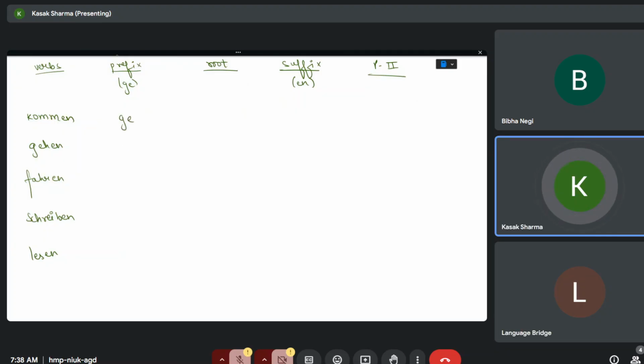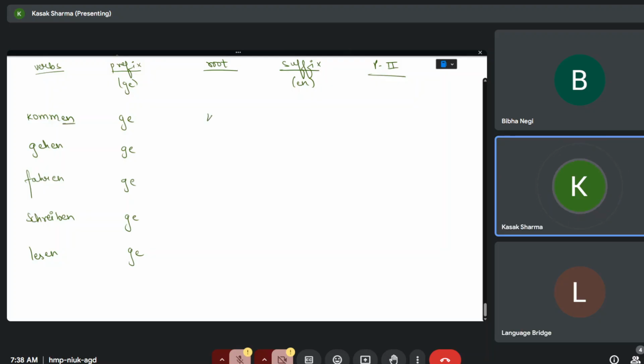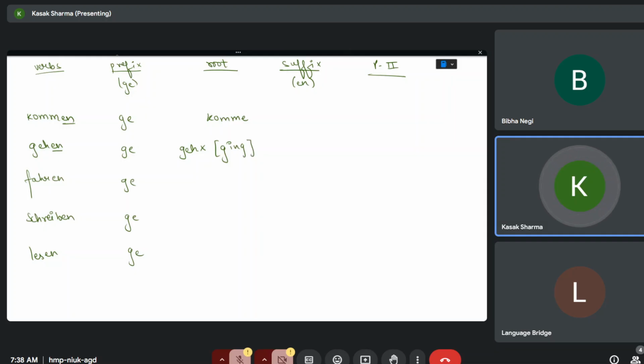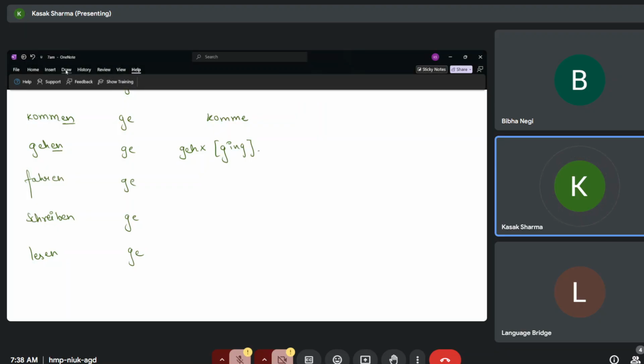The prefix remains the same: ge, ge, ge, and ge. For the root, the common root is the same as the stem. But for gehen, I will not write geh after removing en. The root of the verb here changes to gang. Ging is the Präteritum of gehen.